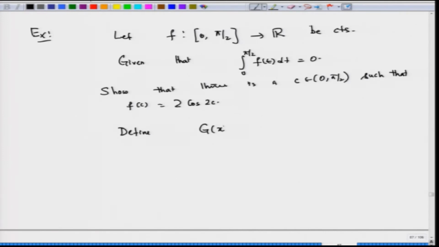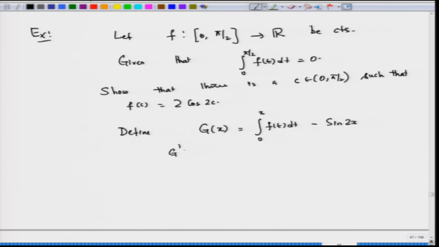g(x) equal to the integral from 0 to x of f(t) dt minus sin 2x. Now, g is a differentiable function because f is continuous. The fundamental theorem of calculus says that the first part is differentiable and its derivative is nothing but f, and the other is also a differentiable function.